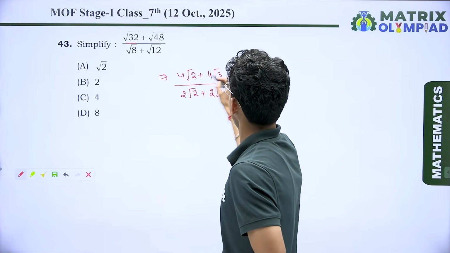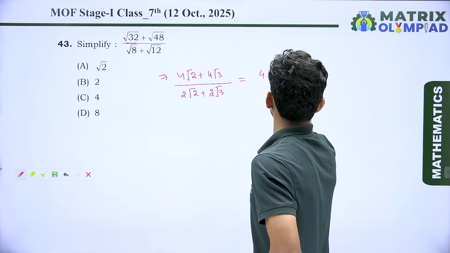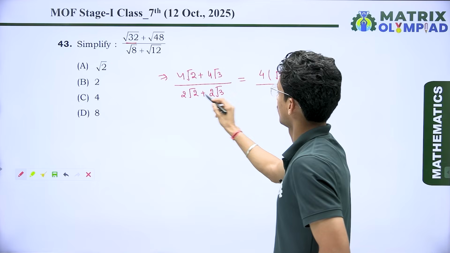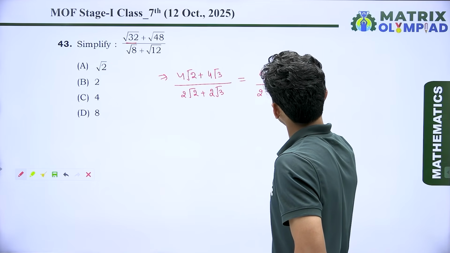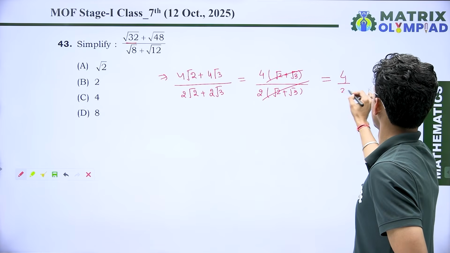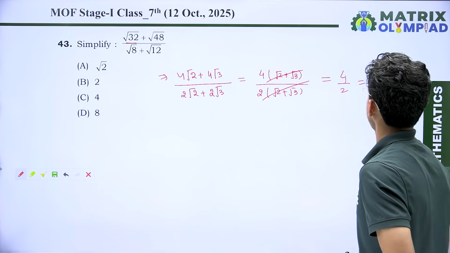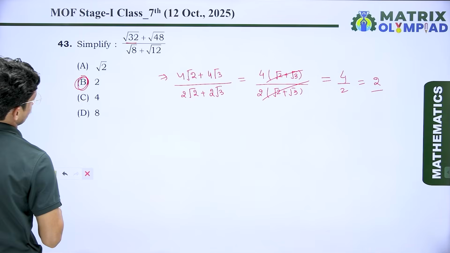So now here we take common 4. So I can write under root 2 plus under root 3. Here we can take common 2, so I can write under root 2 plus under root 3. It means under root 2 plus under root 3 cancel out, so I can write 4 upon 2. So when I divide it, we get 2. So the result is 2. It means option B is the correct answer.